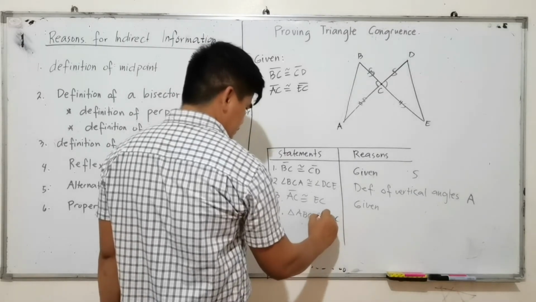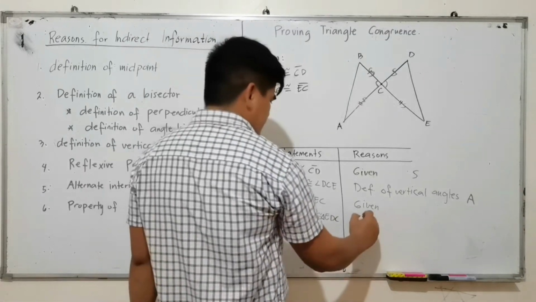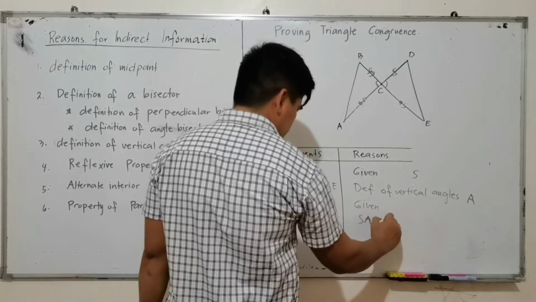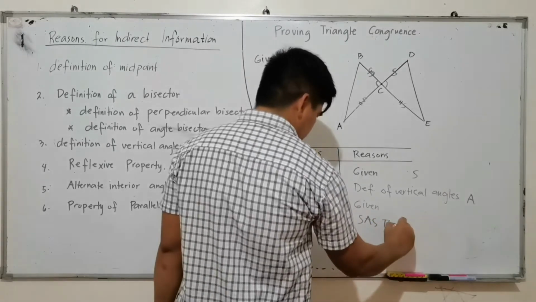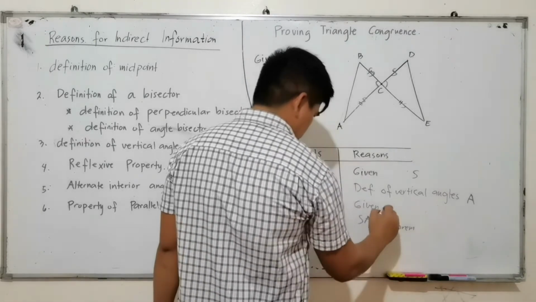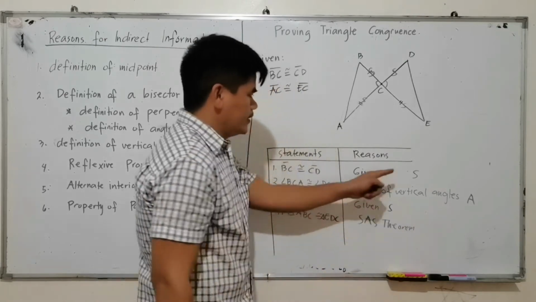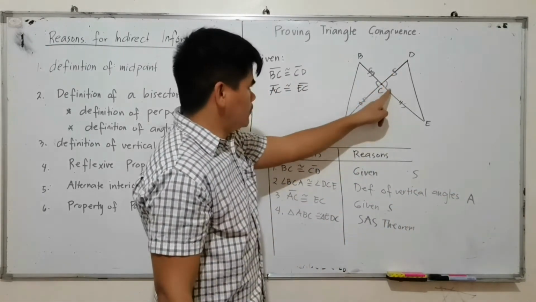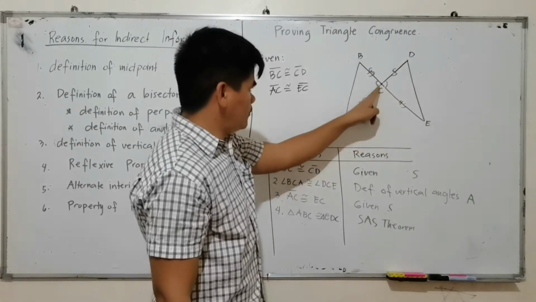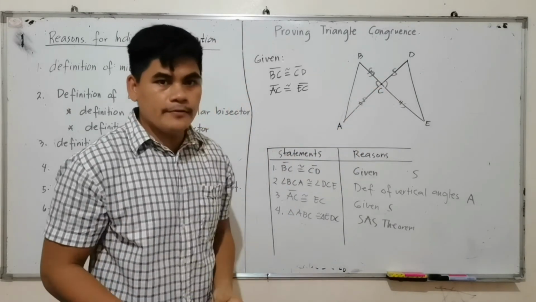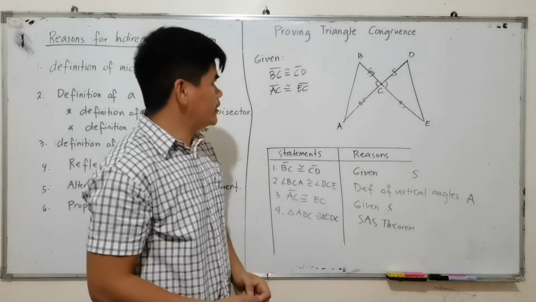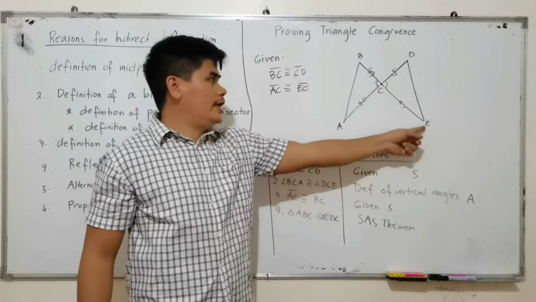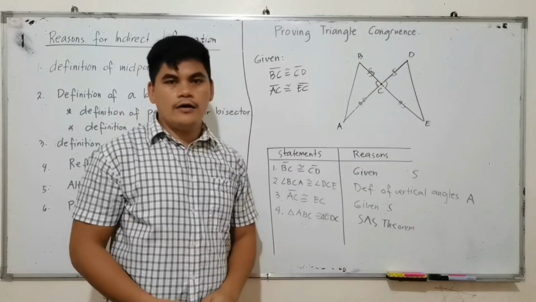And the reason is by SAS theorem or postulate, that's the same. Side, angle, side. So we have proven by SAS postulate that triangle ABC and triangle EDC are congruent.